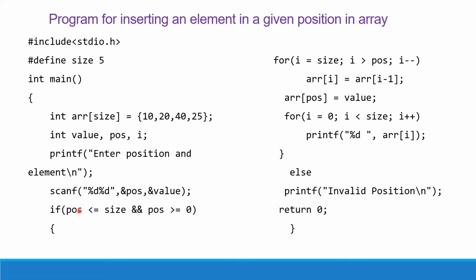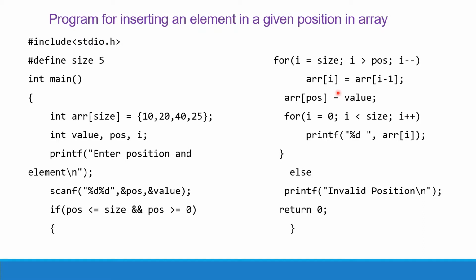So here if I want to insert element at 4, so 4 is less than or equal to size, yes, and then it will check whether position is greater than or equal to 0, which means not a negative value. Okay, if it is true, then this for loop will be executed. What was the next step we have discussed in the algorithm?